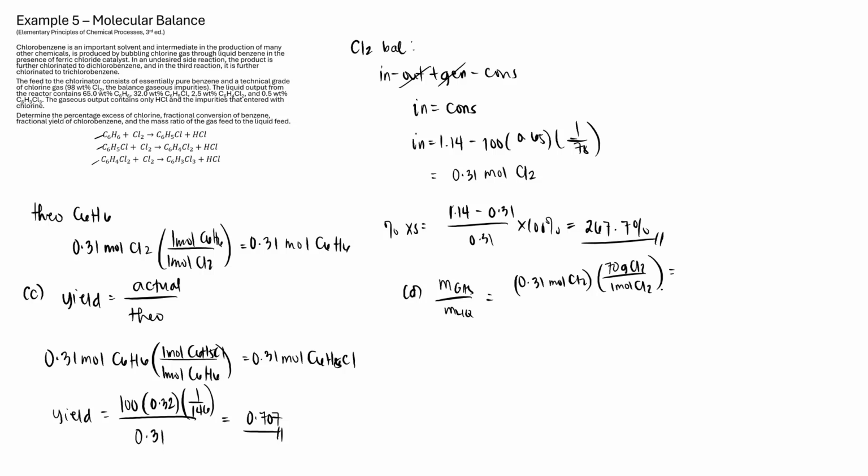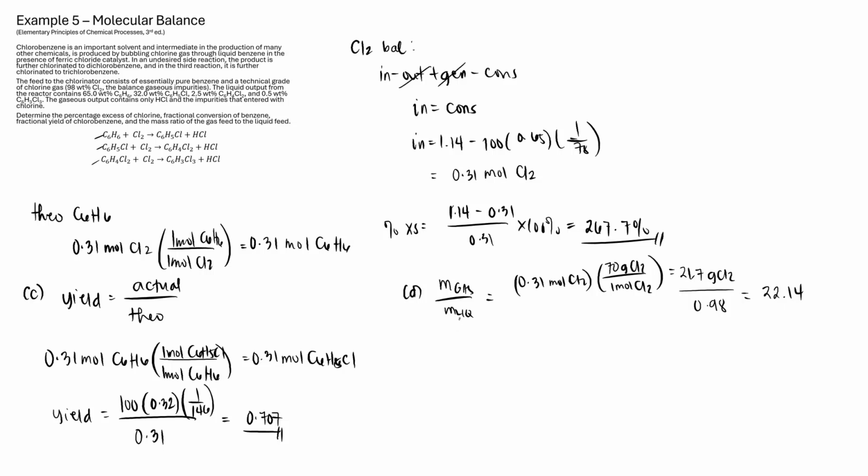Okay. 21.7 grams Cl2. But this is just 98%. So to get the 100%, the whole gas feed, we just divide it by 0.98. That gives 22.14.